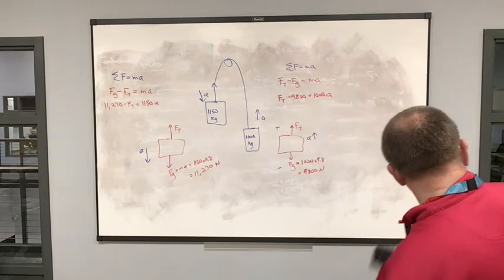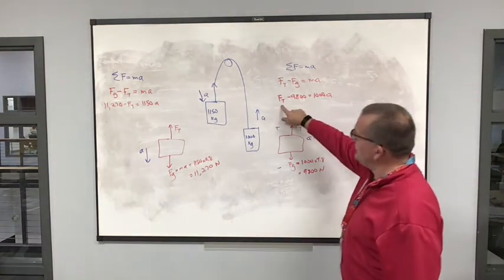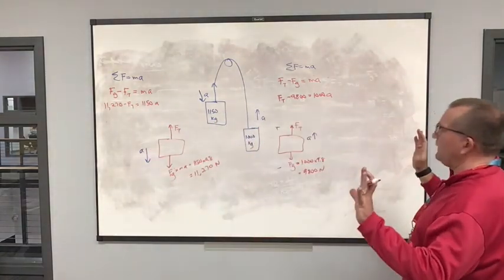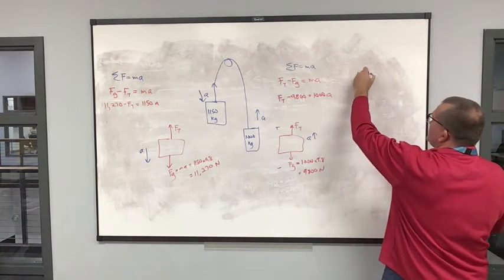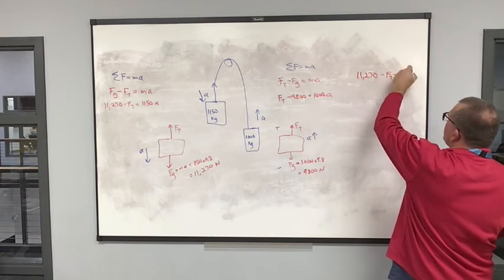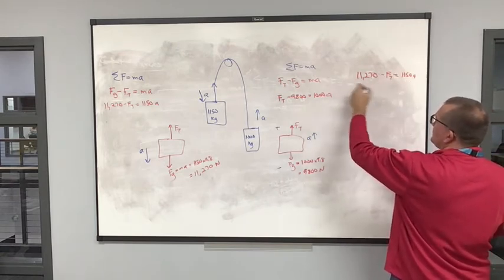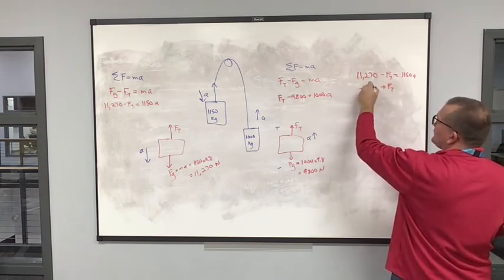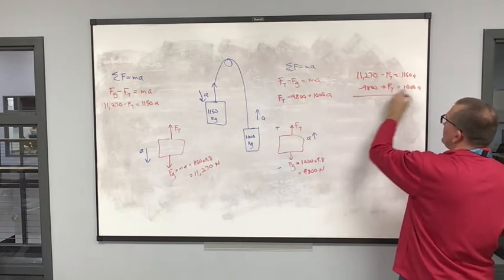Now, we could bring this over, substitute in for Ft and go, all right? That's one way to do it, and that's how we did the last problem. I'm going to show you another way to solve, is I can add these two equations together. So minus Ft equals 1150A, and I'm going to add it to this, so it's going to be plus Ft minus 9,800 equals 1,000A.